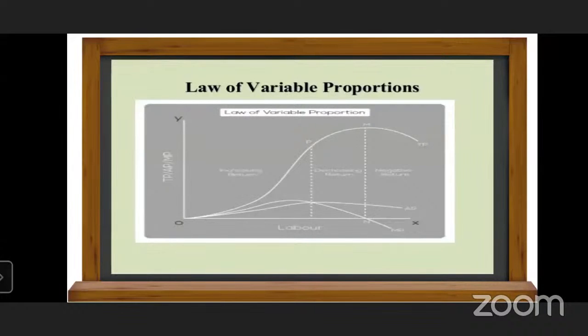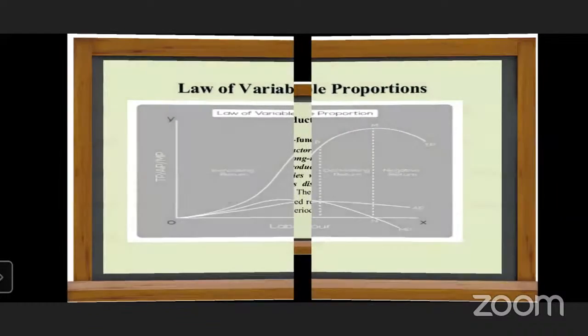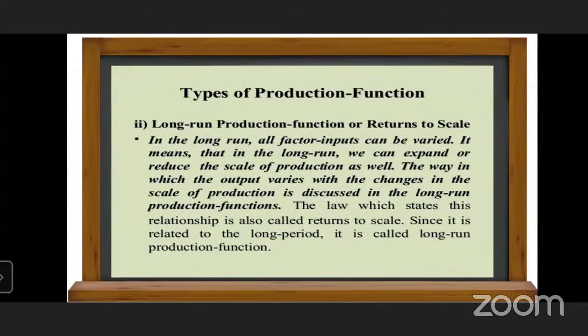In the first stage, TPP is increasing at an increasing rate, then a constant rate, then starts increasing at a decreasing rate, and then starts declining at an increasing rate. I have told all this in brief, but in the further slides it is there, so you can refer to it for studies.